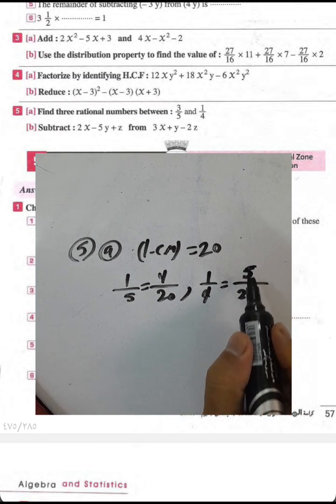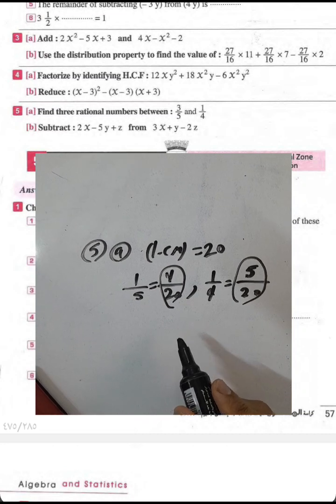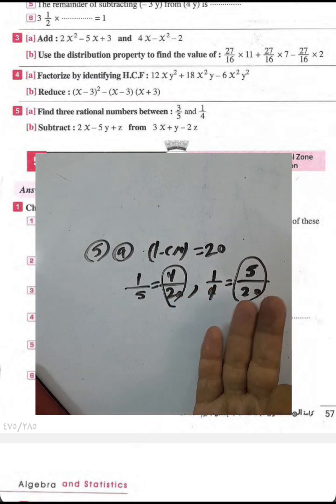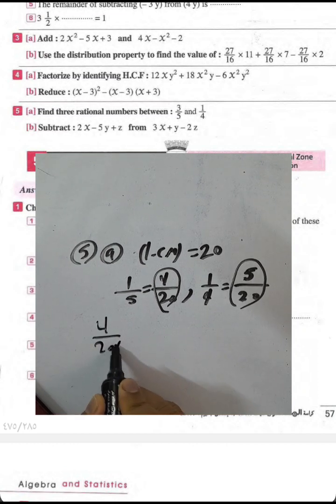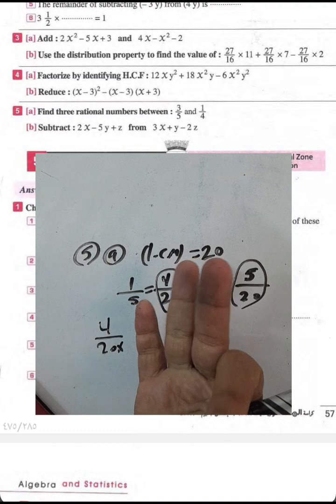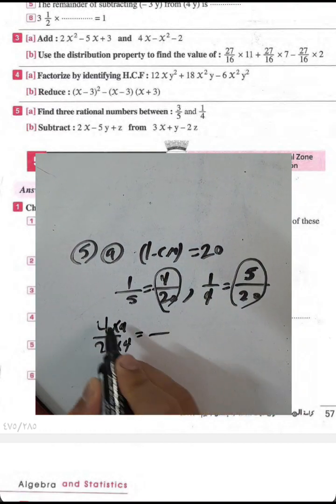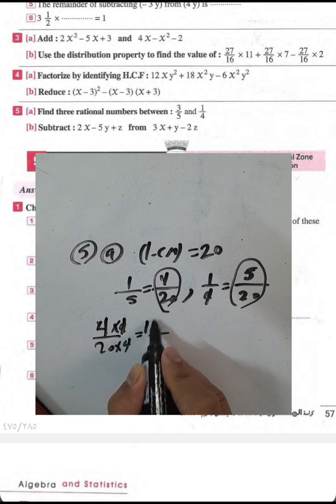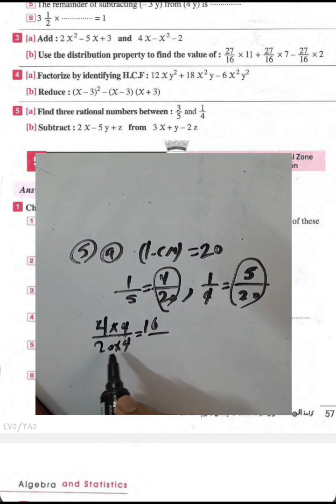Then we have two fractions here. You want to find three rational numbers between the two numbers here. So you must multiply by 4, the numerator and denominator. 4 by 4 will be 16, and 4 times 20 equals 80.